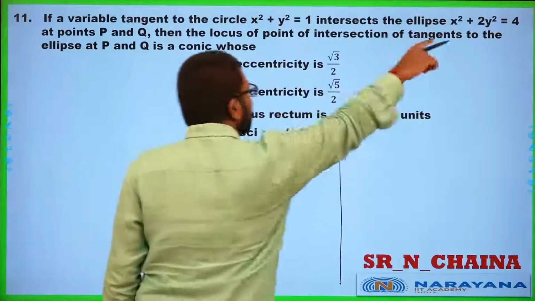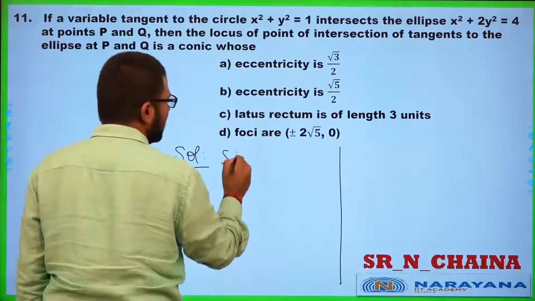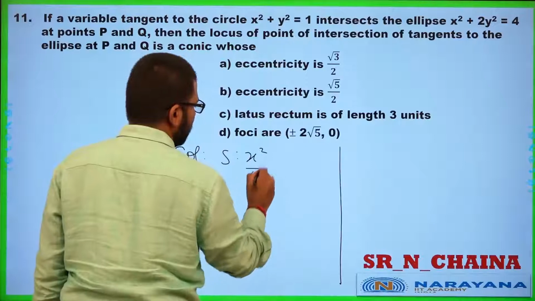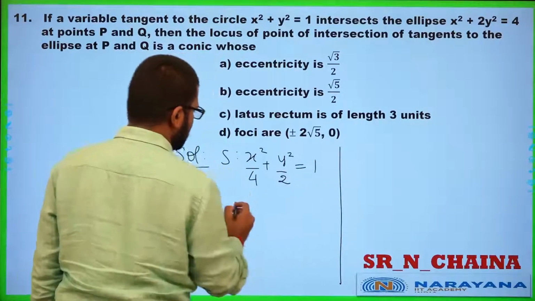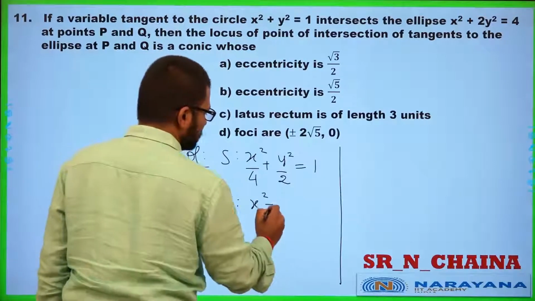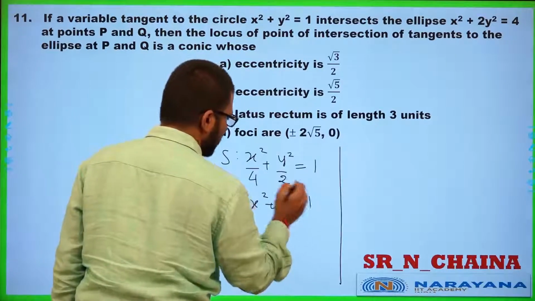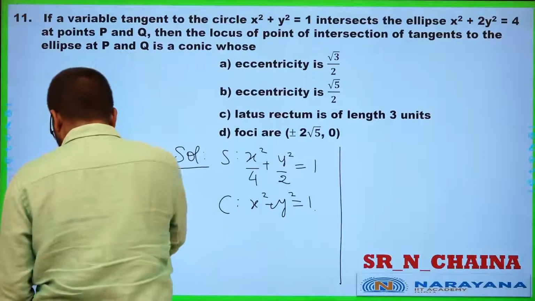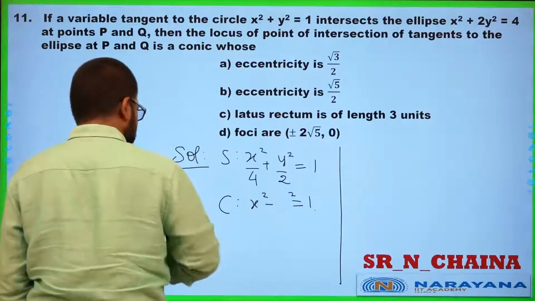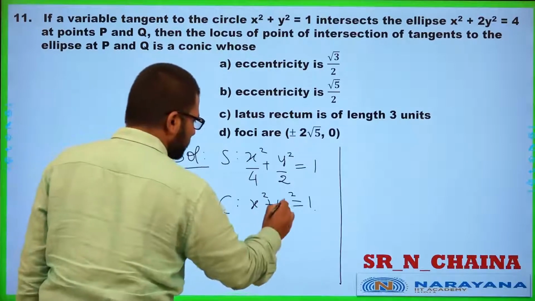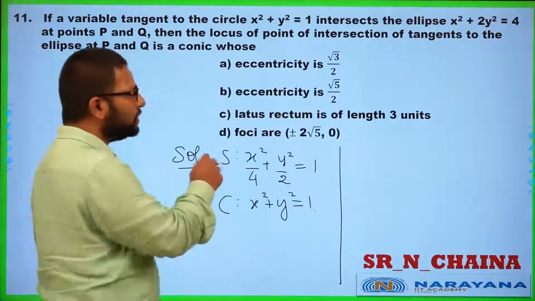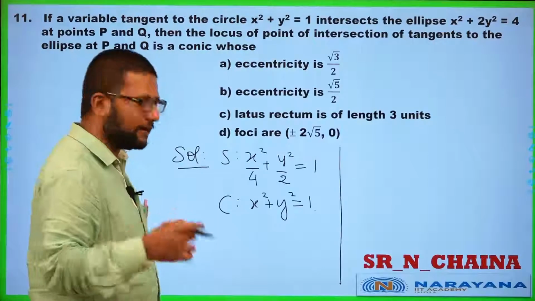And you see that we have this other ellipse. Let us first write the ellipse: x square by 4 plus y square by 2 equal to 1, and the circle x square plus y square equal to 1. Can you tell me first of all whether the circle will intersect with the ellipse or not? Because now I need to know which one should be bigger when I am drawing.